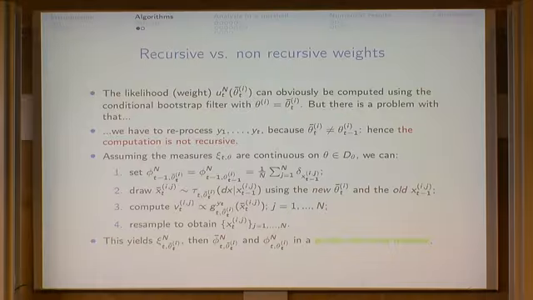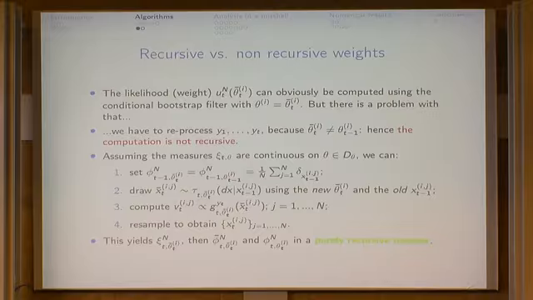Once you do that, you can propagate the cloud of points in the state space using the transition kernel with the new parameter, and you can compute weights for the particles in the state space using your model, so the density of the observations indexed by the new parameter. And then you resample. I'm assuming resampling at every time step, as I said. I'm not worried about that resampling here.